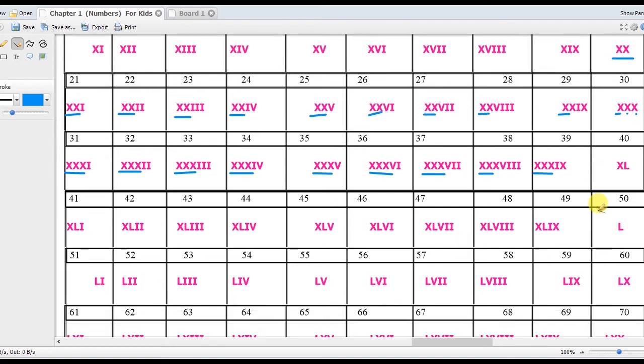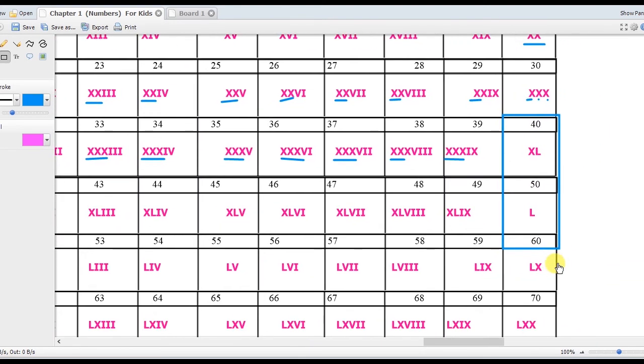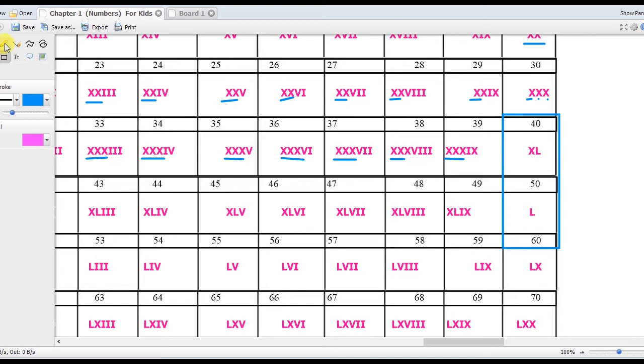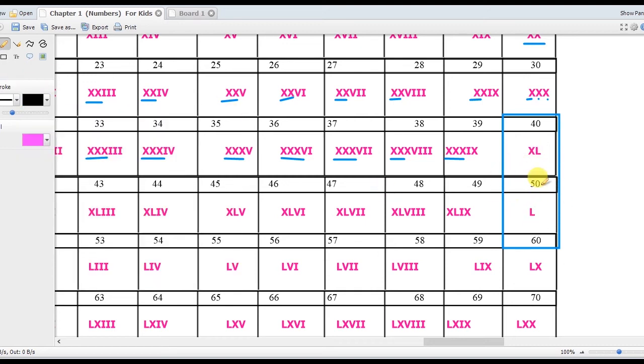Okay, let's discuss these three symbols, which is 40, 50, and 60. Now look here. For 50, if we are going to solve 50 first, we have already learned this is one of the basic 7 symbols, which is L, right? So now 40 comes before 50.